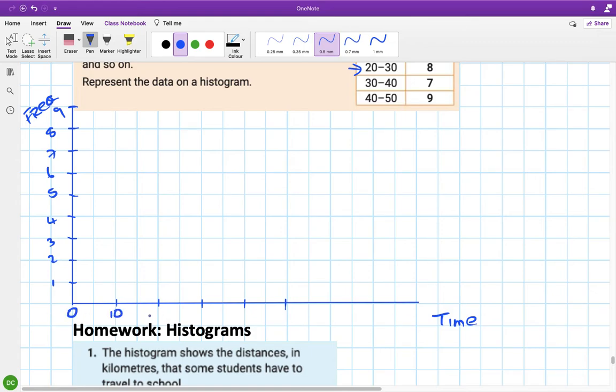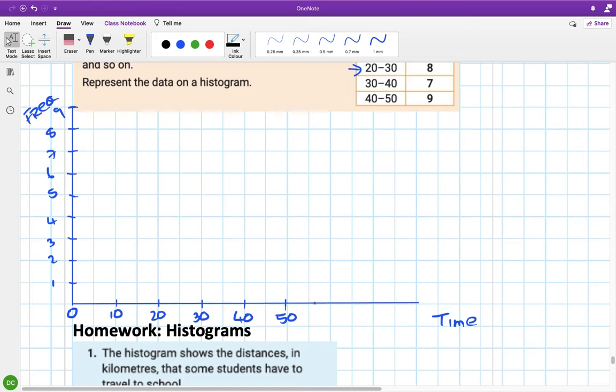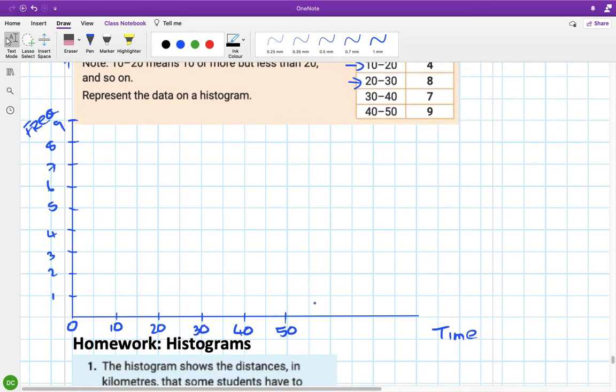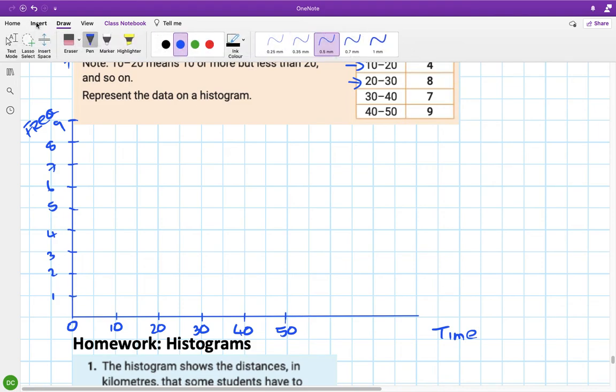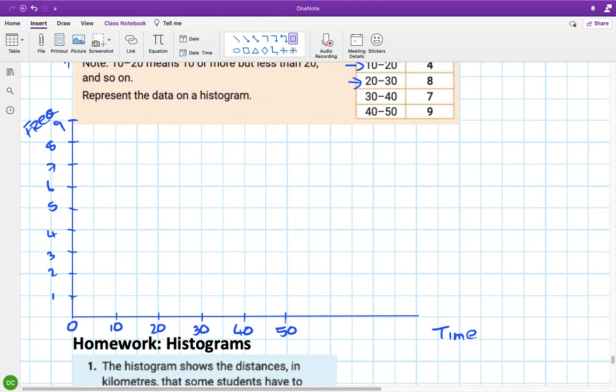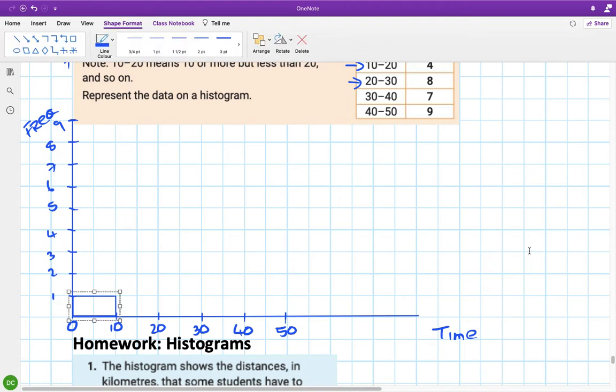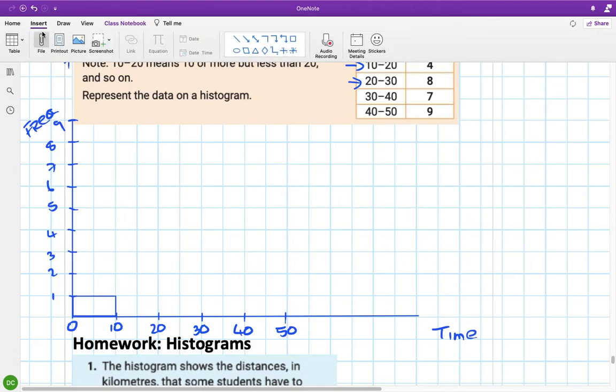Then 0 to 10, 10 to 20, 20 to 30, 30 to 40, and 40 to 50. Our first bar, 0 to 10, goes up to number 1. The second one, 10 to 20, goes up to 4.